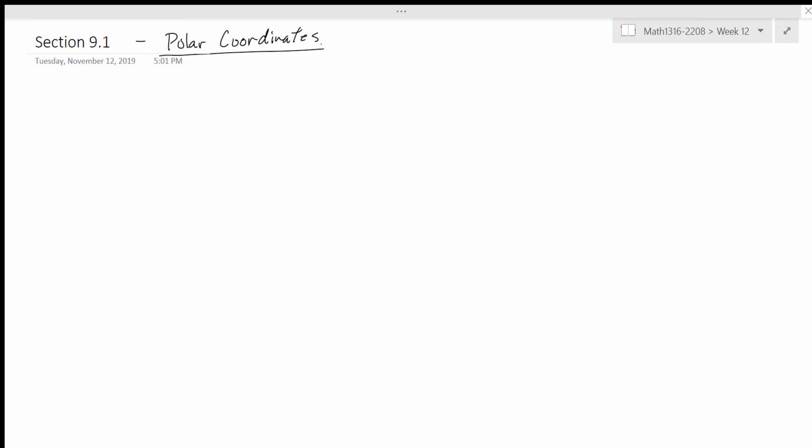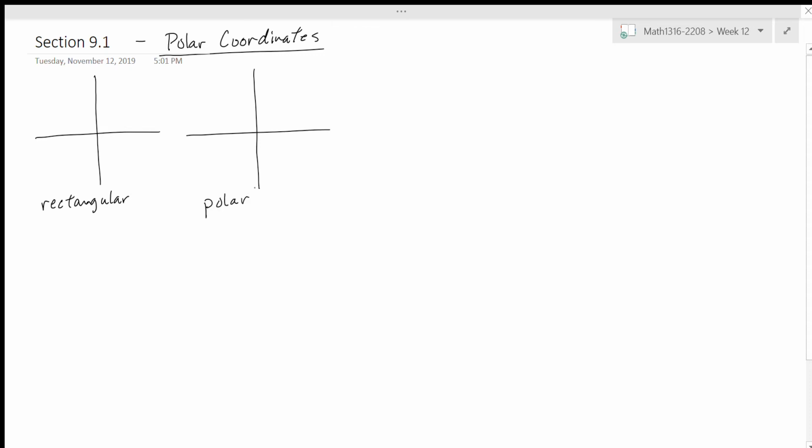Is everybody familiar with the rectangular coordinate system? You better be. That's the one you normally work in. So let's look at the rectangular coordinate system, and we're going to compare and contrast with the polar coordinate system. Okay?